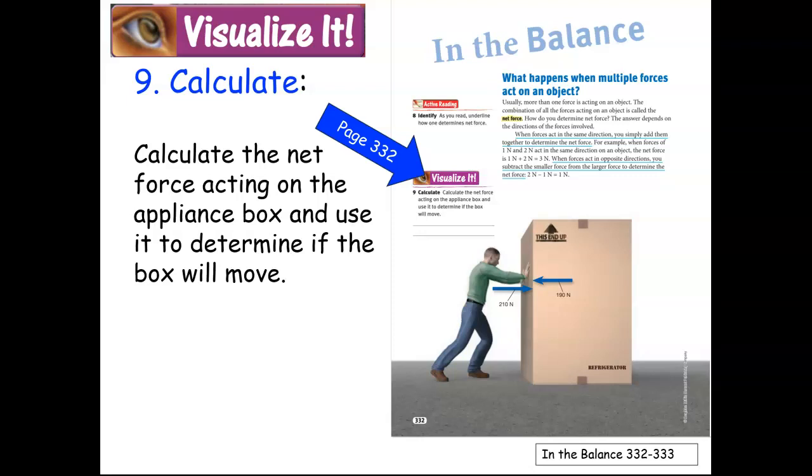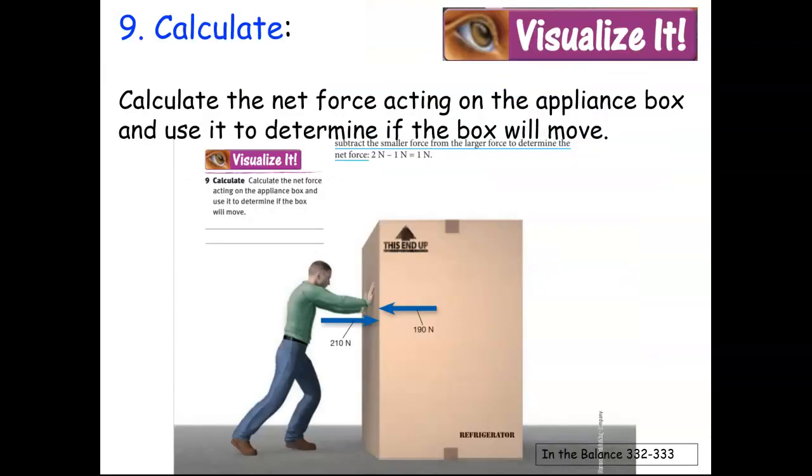Okay, the next question says, calculate the net force acting on the appliance box and use it to determine if the box will move. So we have to ask ourselves first, what's the net force on the box?